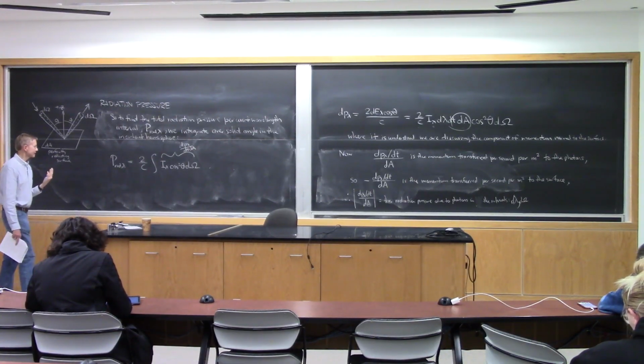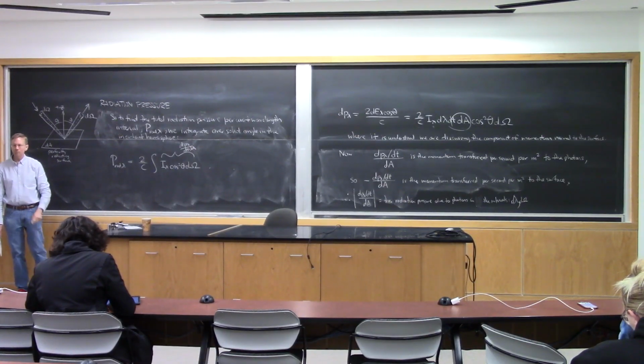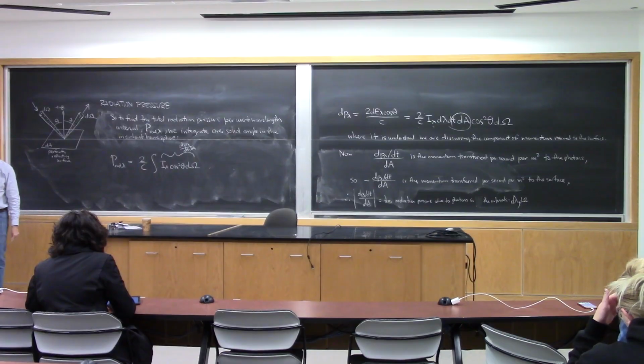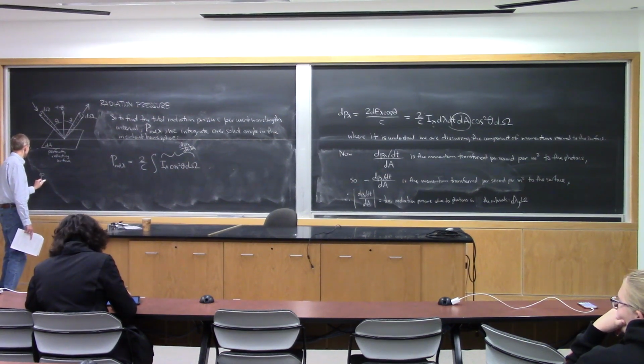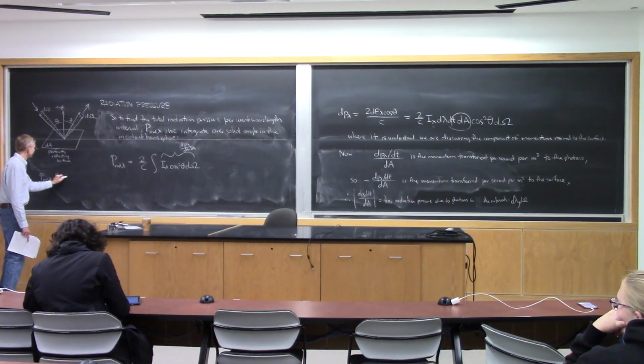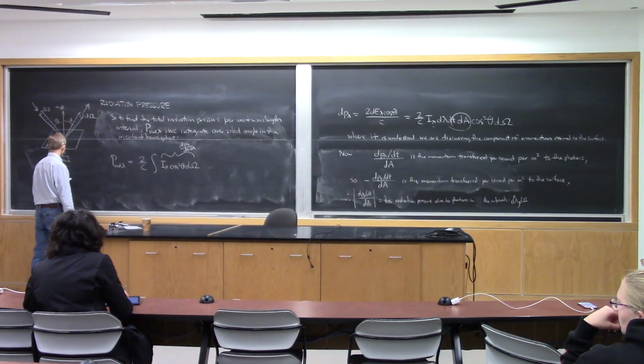If I don't put it there, I'm finding the thing that you multiply by d lambda to find the pressure due to photons in range lambda to lambda plus d lambda. Did what I just said make sense? Yeah, so P rad lambda d lambda would be the radiation pressure due to photons in the range from lambda to lambda plus d lambda.